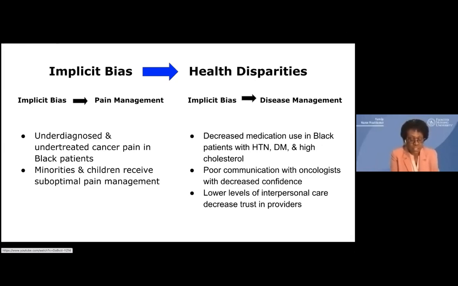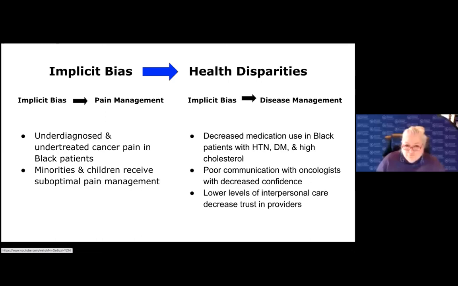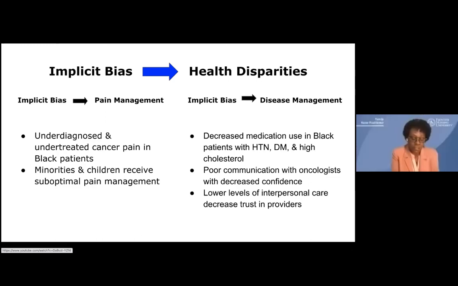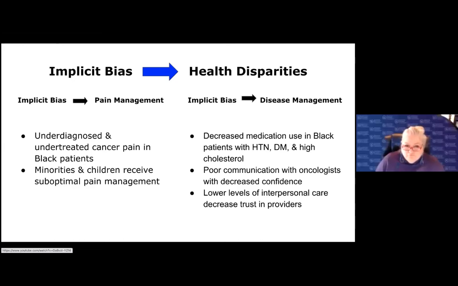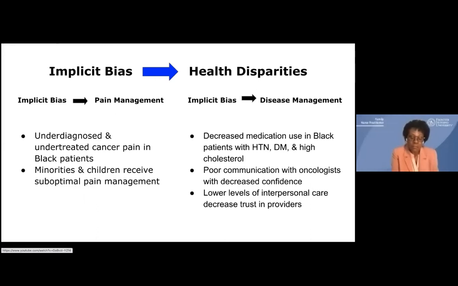There was a study that showed that providers with high levels of implicit bias were less supportive of, and spent less time with, their patients compared to providers with lower levels of implicit bias. And our patients pick up on these attitudes and observations. They actually view those providers with high levels of implicit bias as less patient-centered than providers with lower levels of implicit bias.